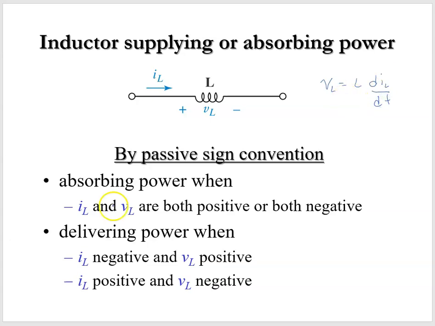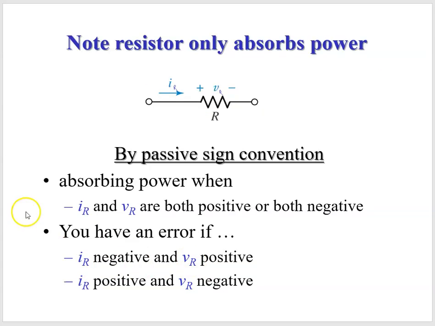So it's absorbing power if both i and v are positive, or if both i and v are negative, it's still absorbing power. But it's delivering power if the current is negative and the voltage is positive, or the current is positive and the voltage is negative. If we compare that to a resistor, it can only absorb power.